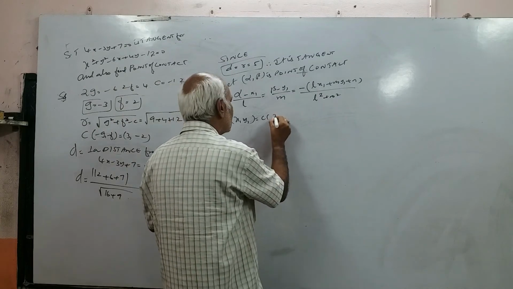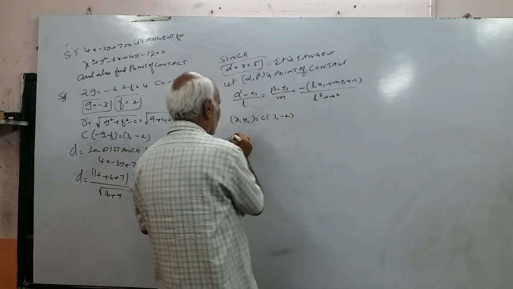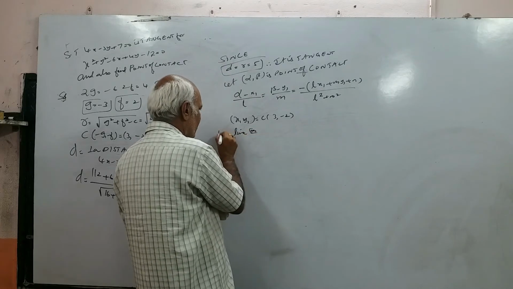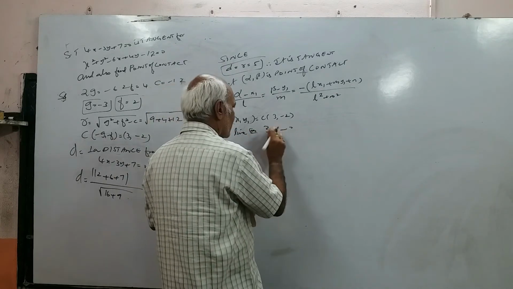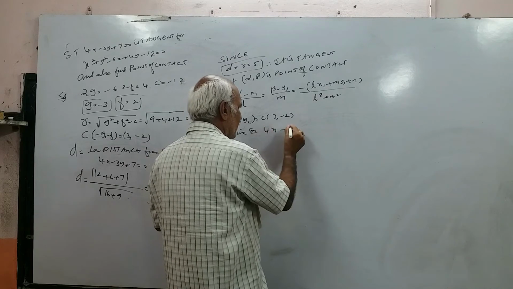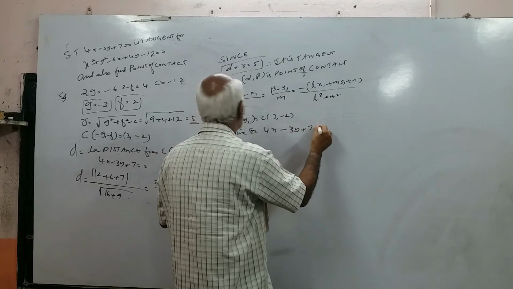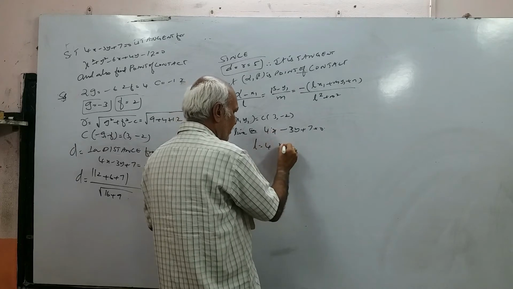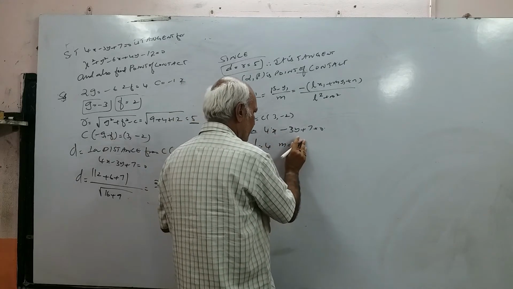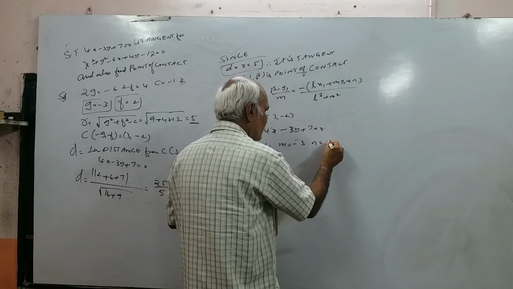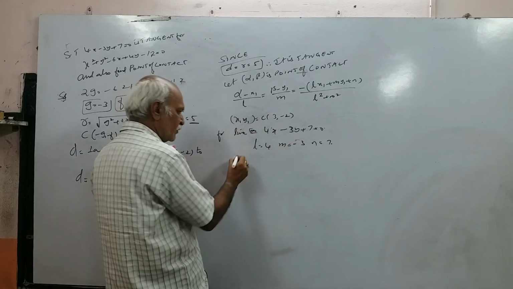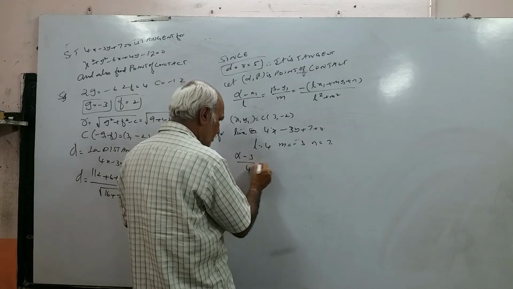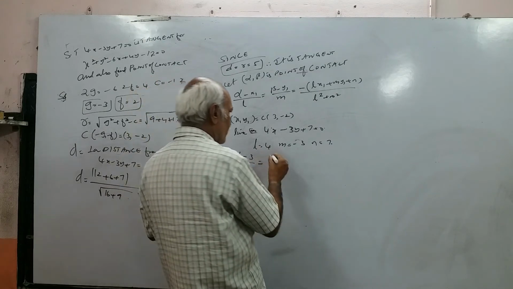What is the center? 3 comma minus 2. And what is the line equation? For line equation 4x minus 3y plus 7 is equal to 0. What is the L value? 4. M value minus 3 and n value 7. Okay, substitute the values. Alpha minus x1 means alpha minus 3 by L value is 4 is equal to beta minus y1.